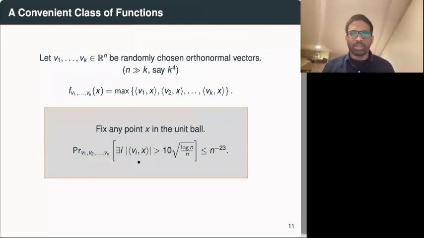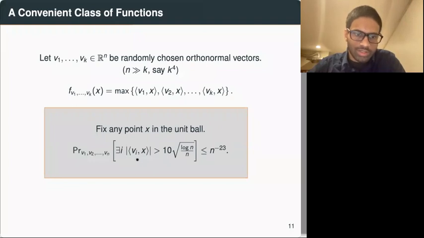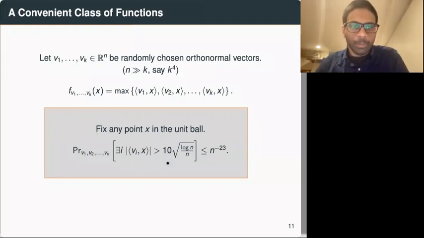It's going to be around square root 1 by n. So for all coordinates, the entry in that coordinate is at most 10 times square root log n by n, with probability 1 minus small o(1).